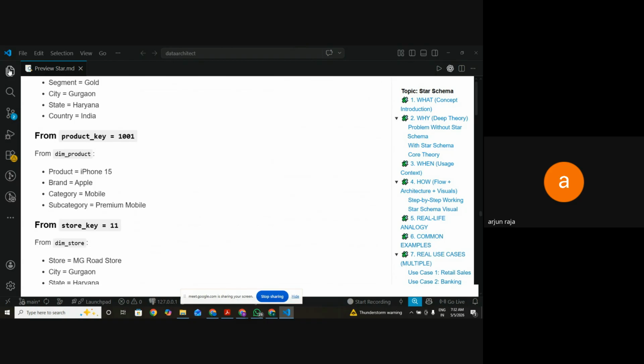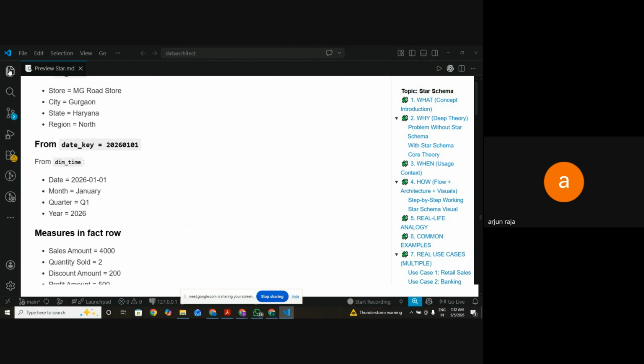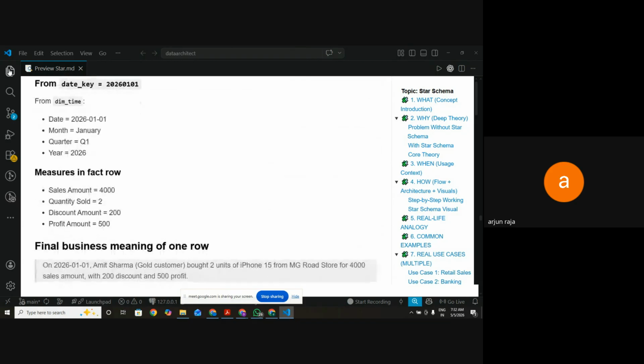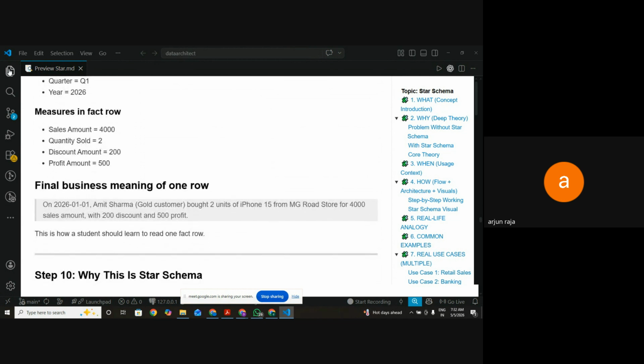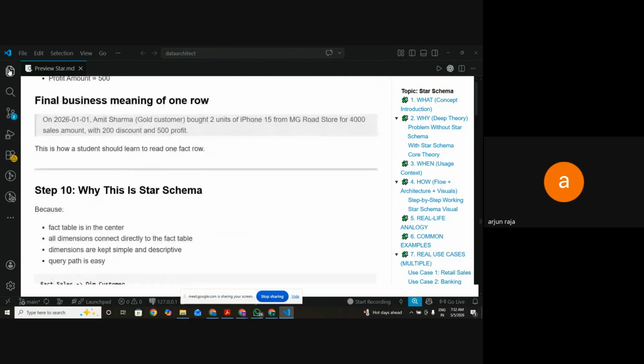Store: which city, which state, and what time. Measures in the fact row. So finally we can read it as: Amit Sharma bought 2 units of iPhone 15 from MG Road store for 4,000 sales amount with 200 discount and 500 profit.